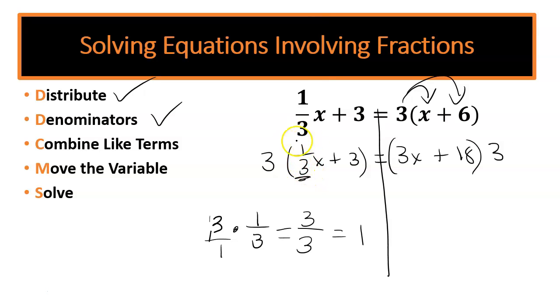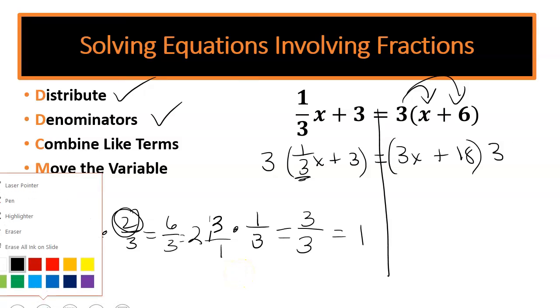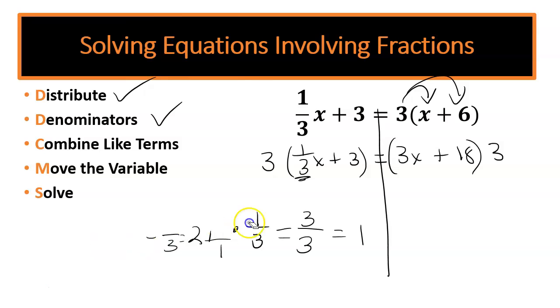Now your numerator should stay whatever it is. So if it was 3 times 2/3, then I would get 3 times 2 is 6, 1 times 3 is 3, 6 over 3 is 2, which is what my original numerator was. Best thing you could do is use your calculator to double check it.